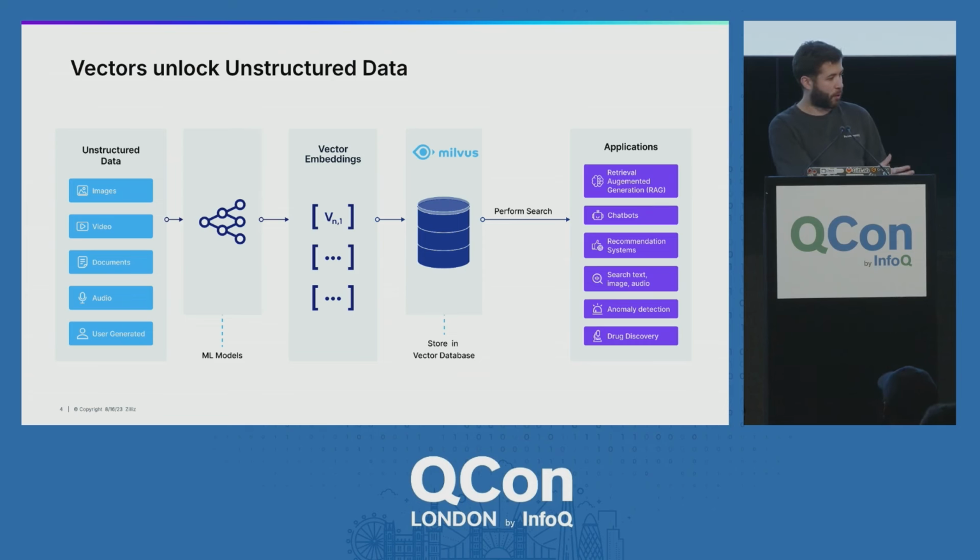A lot of people are talking about RAG. For the past 2 years we've been talking about RAG, but there are other things. There's drug discovery. A friend of mine, who is a CTO at an AI protein company, creates proteins using AI, and then they search through the proteins using vector search. This is also the kind of thing that you can unlock. It's also very good for recommendation systems and anomaly detection.